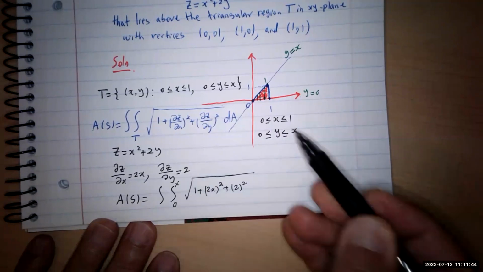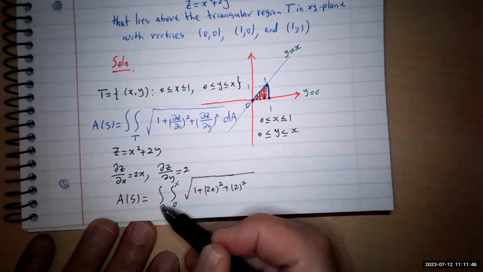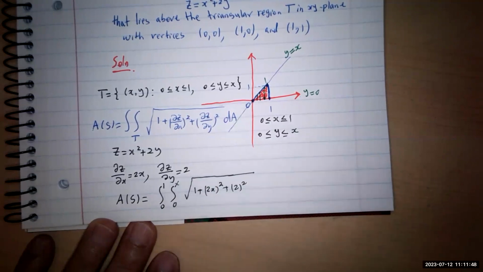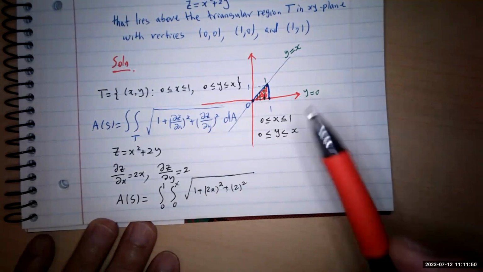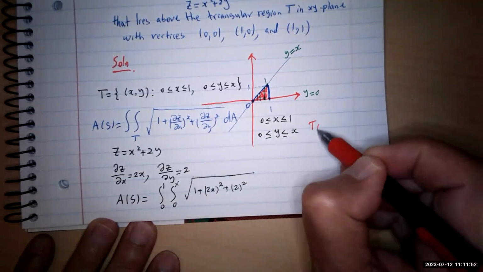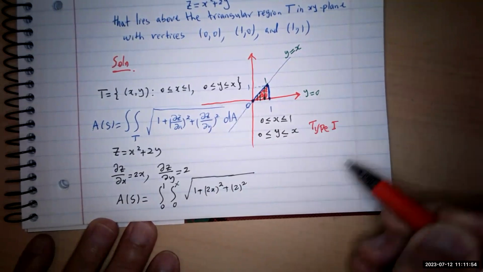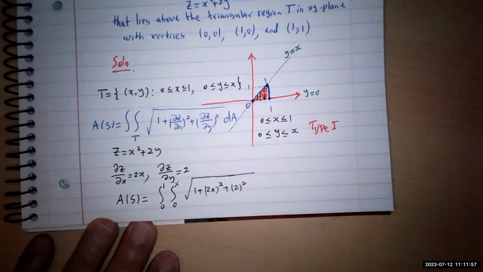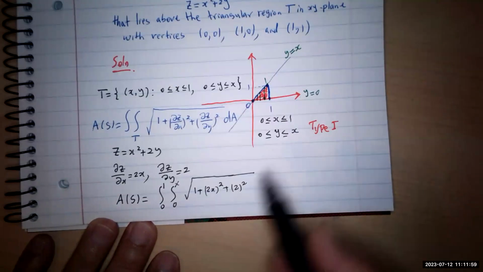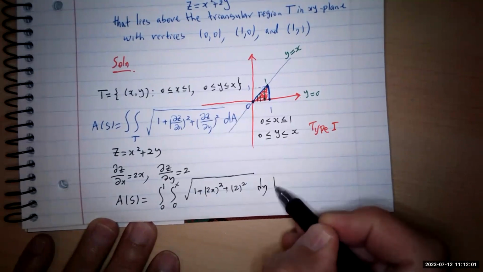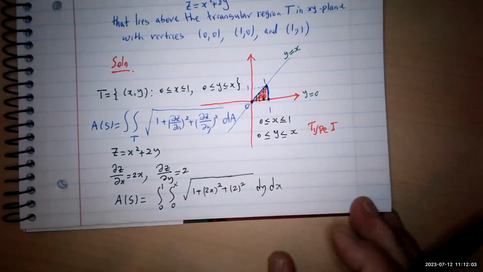Then x is going to be between 0 and 1. So the region for the integration is a type 1 region. Any question? So we go with dy first and then dx to integrate it.